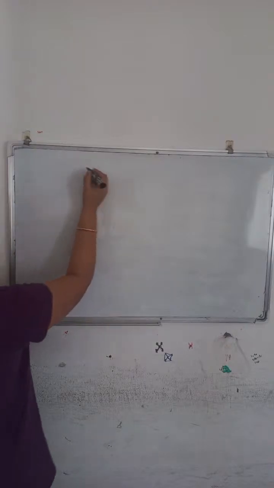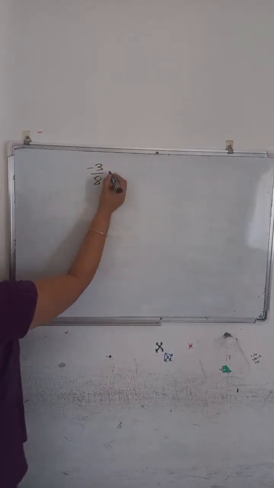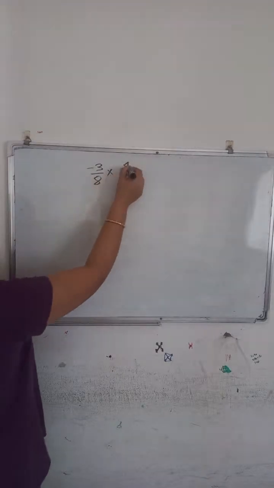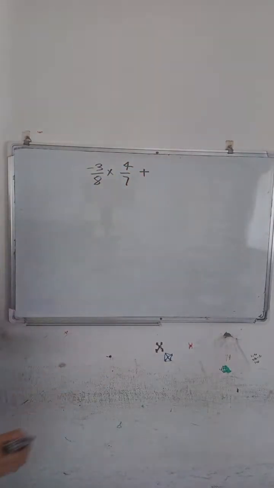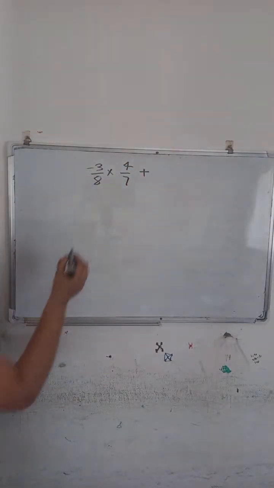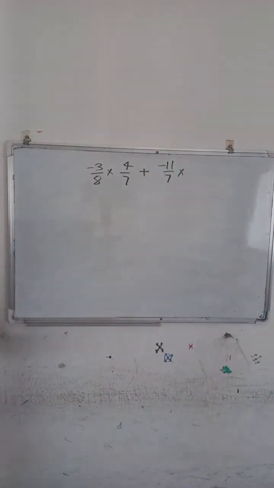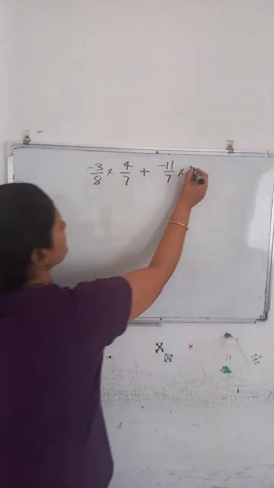Now the next question is to evaluate using distributive property. Write down the question: minus 3 by 8 into 4 by 7 plus minus 11 by 7 into minus 3 by 8.